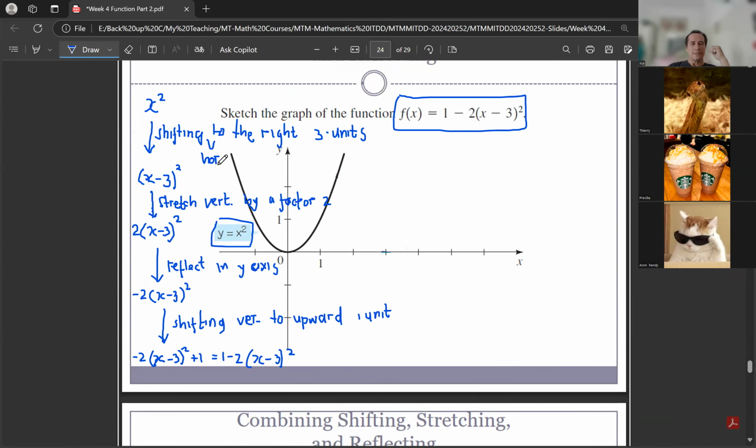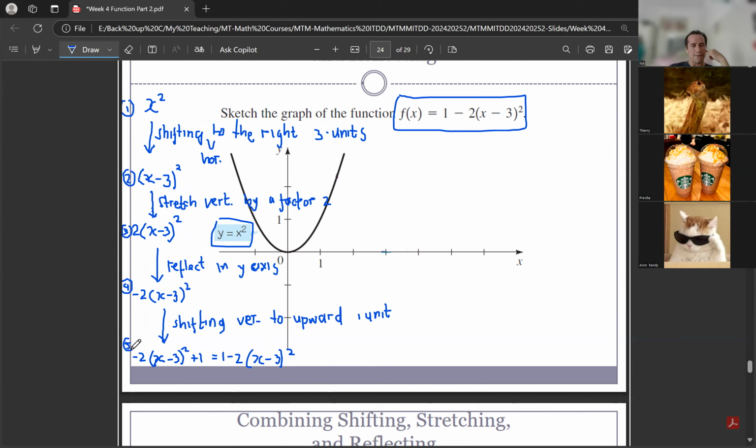Okay, so this completes all of our steps to get from x squared to 1 minus 2(x minus 3) squared. So we have the original one, this is second, this is third, and we have fourth, and we have fifth.